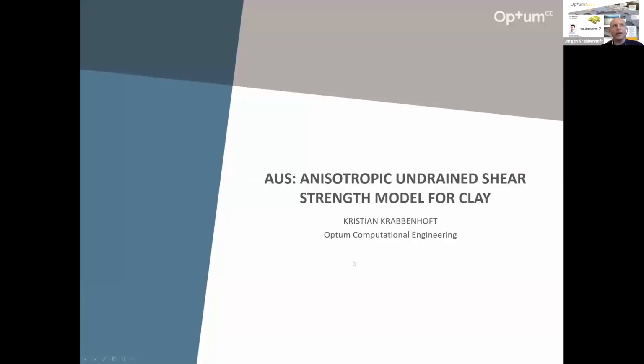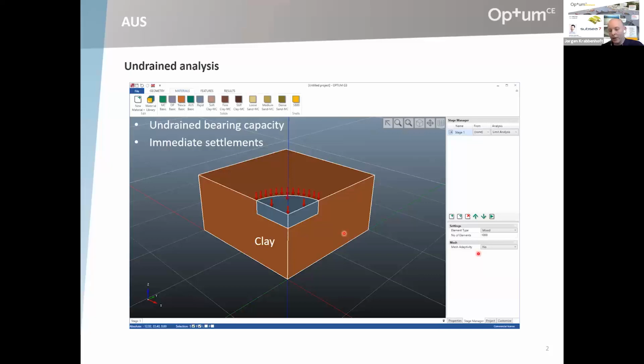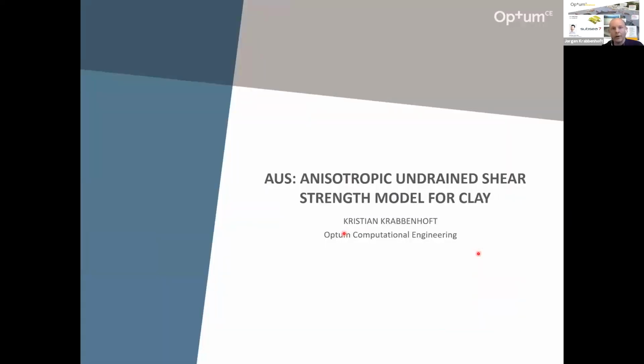And it turns out that with clay you often run into a similar problem. So to accommodate this, or to alleviate our users from having a hard time finding material models for modeling clay, we've developed a very good and general model for undrained clay, which we call the anisotropic undrained shear model, AUS, that Kristian will talk about here today.